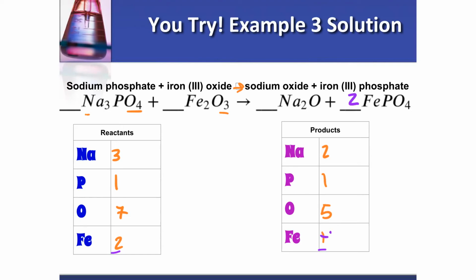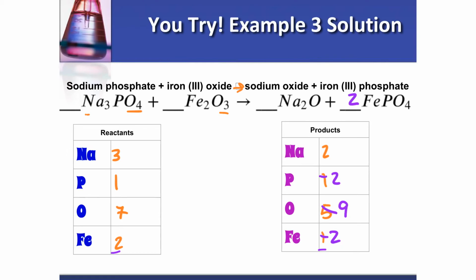And now my number of irons have changed. Number of phosphorus has changed. And my number of oxygens, I have 2 times 4 is 8 plus 1 is 9. And I have 9 oxygens. The next thing I'm going to try to balance are my sodiums.